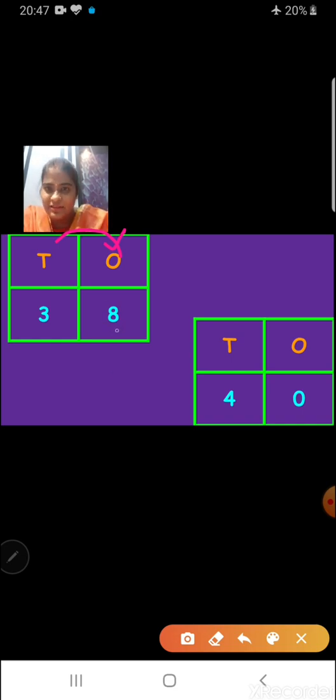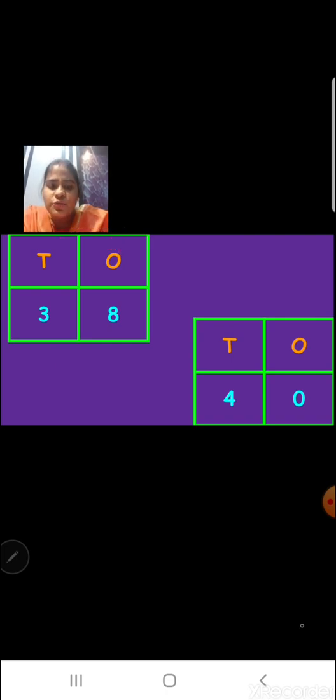It's 8. So in the ones place, we put a 0, and in the tens place, we add 1. 3 plus 1 is 4. So if I round off 38, my answer is 40. That is how we learned to round off numbers in our previous video.